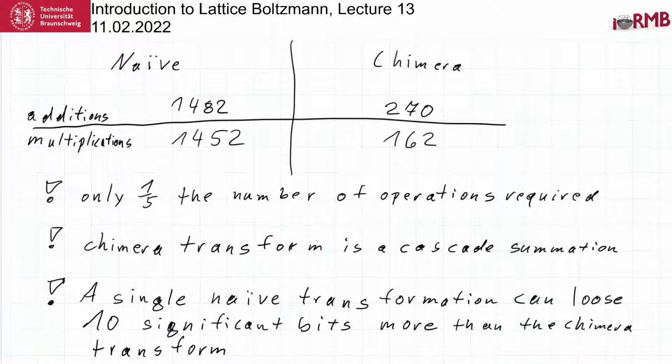So the naive way of implementing a cumulant method, unfortunately, we tried this for a long time. This doesn't work, at least not in single precision. The reason why this method nowadays works is exactly the use of this Chimera transform. By the way, the word Chimera transform may sound a bit strange.